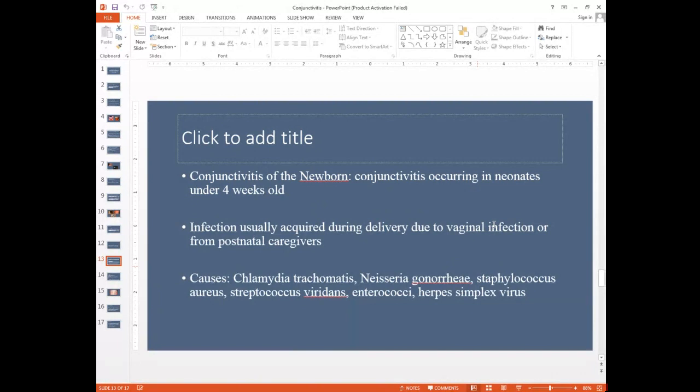And the causes are listed. Usually you can have co-infection with chlamydia and Neisseria as well. But staph and strep species can also cause a similar picture. The signs are listed.